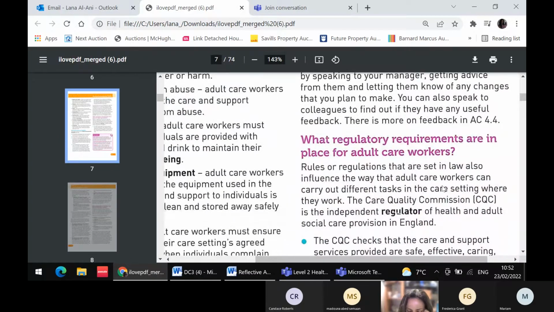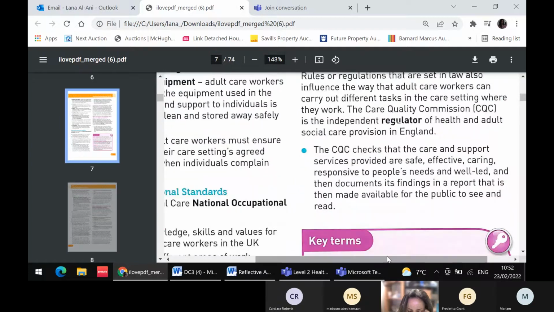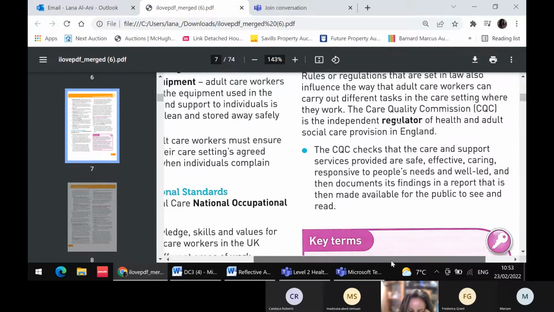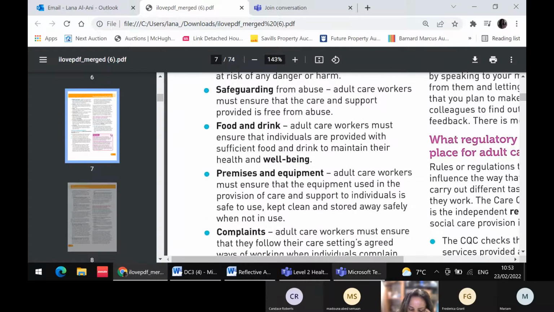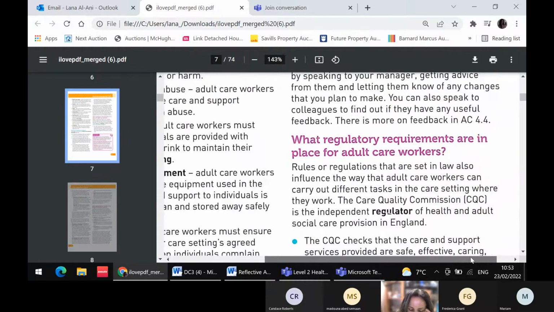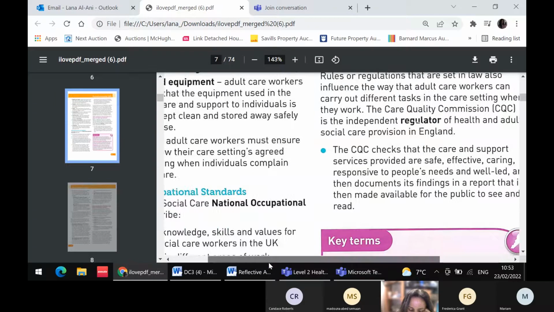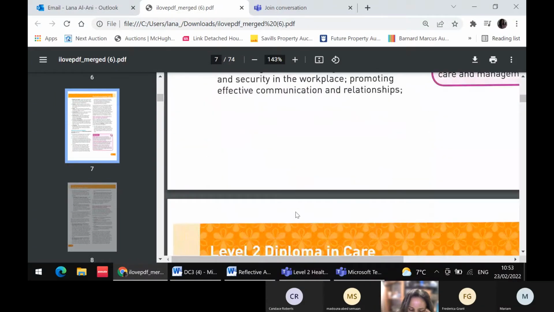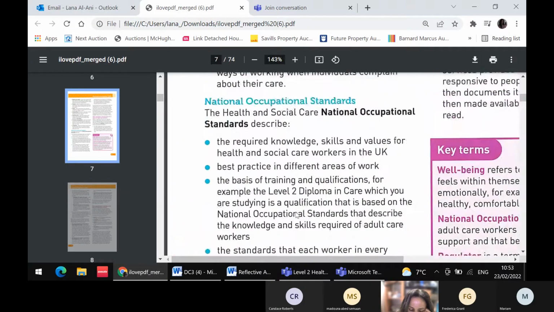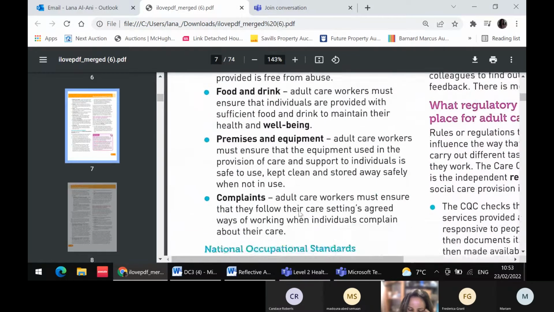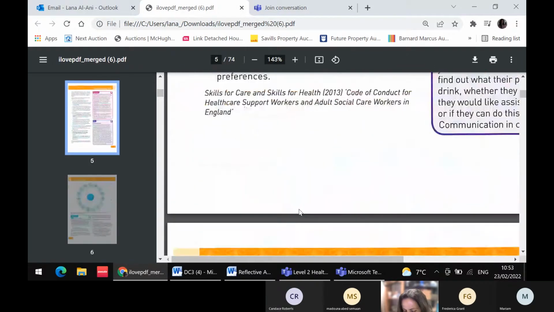You talk about the regulatory requirement, just put the heads, the bullet points, like the CQC, which is the Care Quality Commission, checks care and support. Yeah, that would be too much if you start writing about everything.